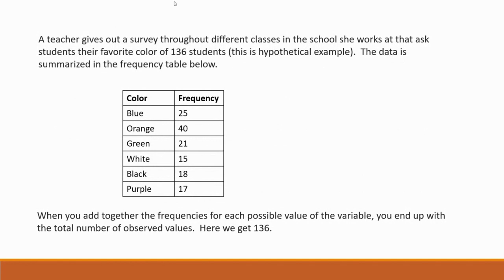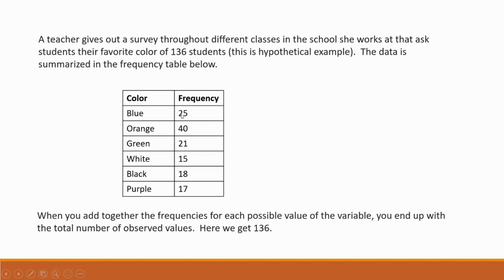But for instance, a teacher could go around asking students in a school what their favorite color is. Let's say 136 students responded. This would be the categories, the qualitative data, but this is the amount of people in each category.